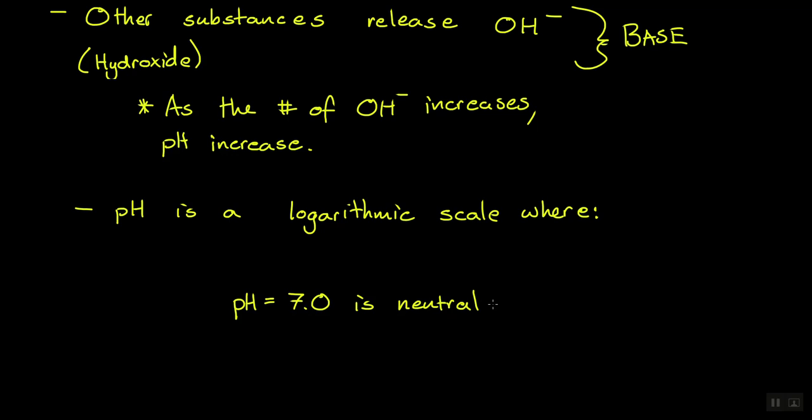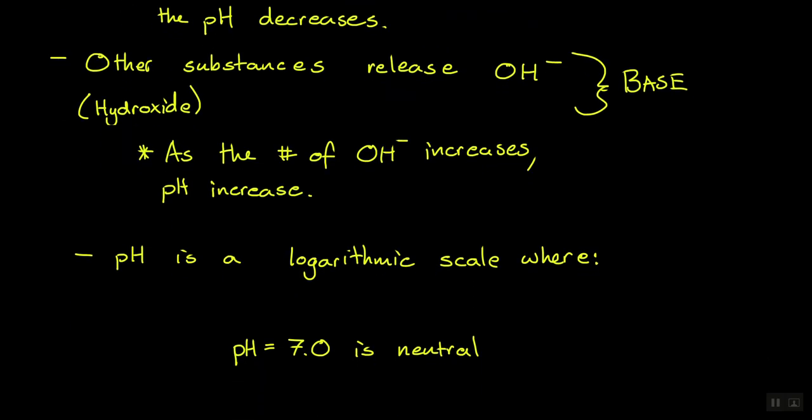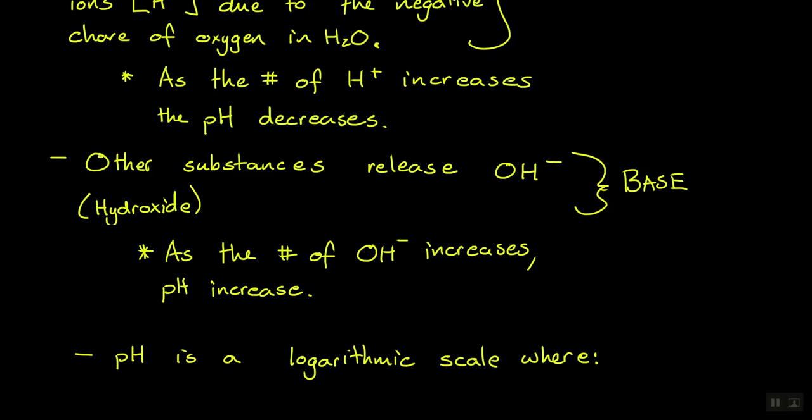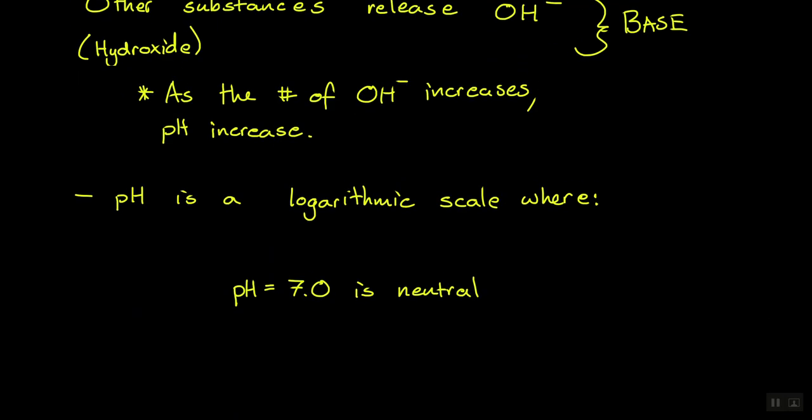Okay. Now, we said that the more H plus that we get, what happens with pH? It decreases with H plus, right? So that means if the pH value is less than 7, that's been a decrease, right? What is this then? Is this an acid or is this a base?